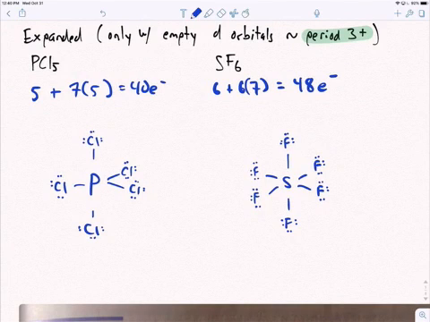So sulfur hexafluoride is an interesting molecule because we use it as part of our stealth technology. So our stealth technology is threefold. The materials that they make the stealth fighters out of just absorb the microwave radiation.